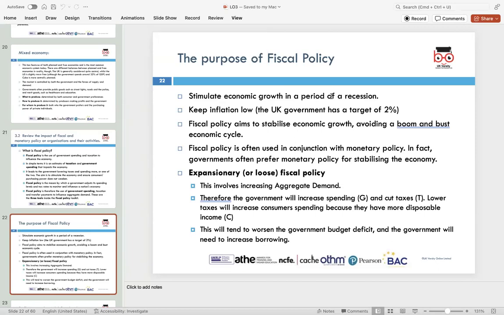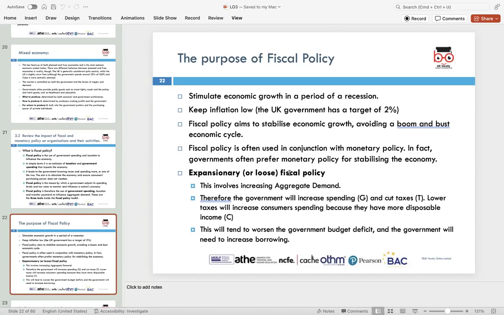Both monetary policy and fiscal policy are frequently employed in concert with one another. As a matter of fact, governments frequently favor monetary policy when it comes to stabilizing the economy. Then expansionary fiscal policy, often known as loose fiscal policy. The process includes the enhancement of aggregate demand.